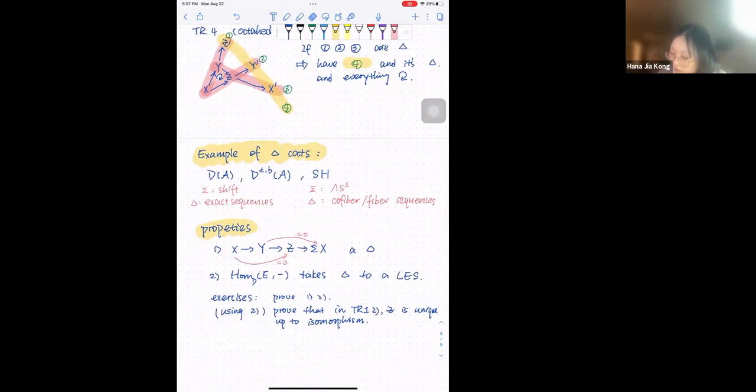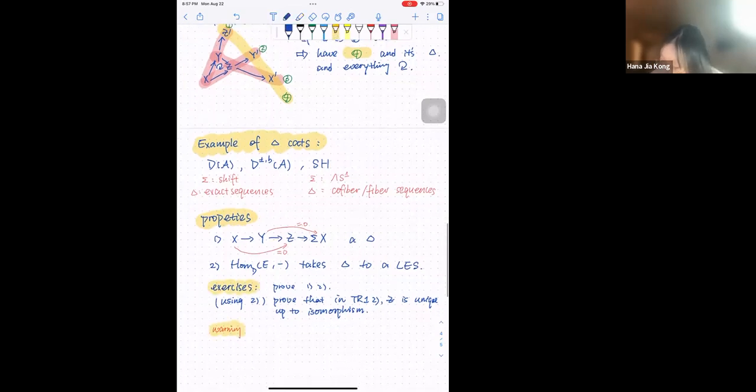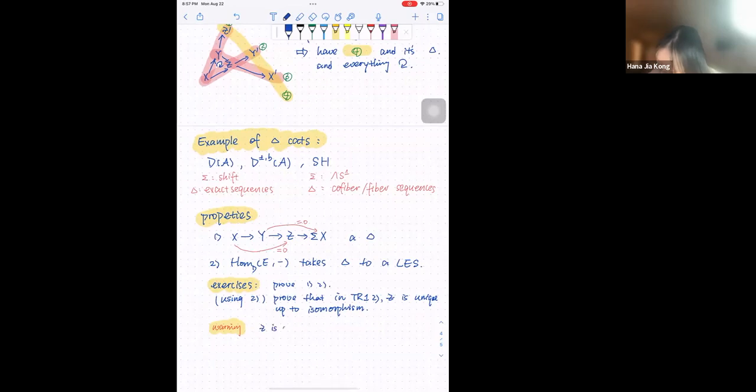Something I want to mention here, maybe as a warning, is that Z is unique up to isomorphism, but not necessarily unique up to unique isomorphism.